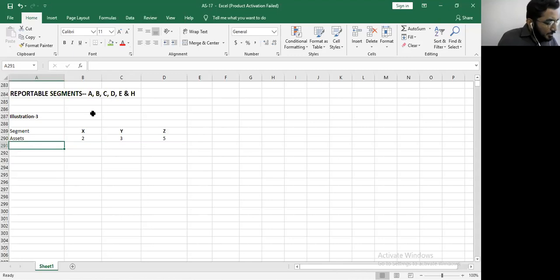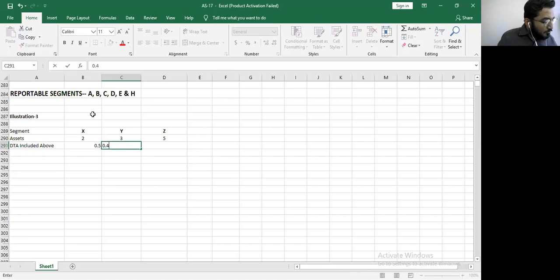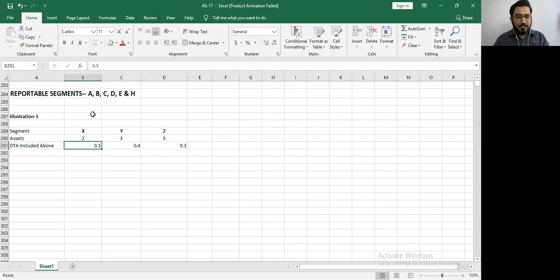Okay, then you have the next sentence, that is DTA included in above is. So how much DTA is included? 0.5 for X, 0.4 for Y, 0.3 for Z.